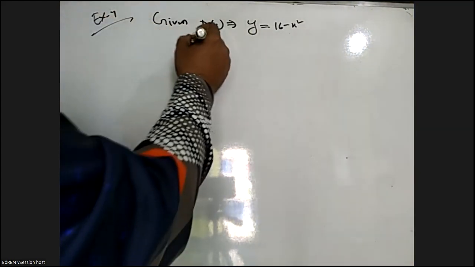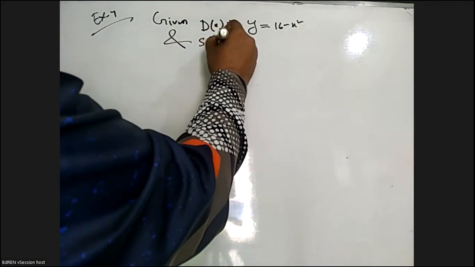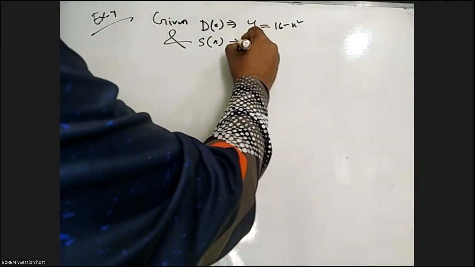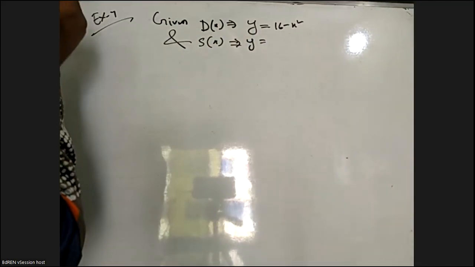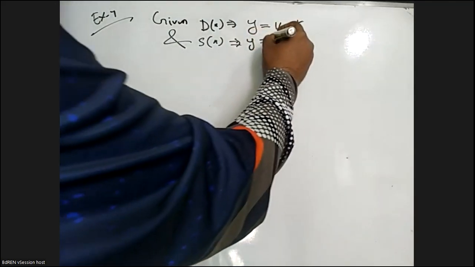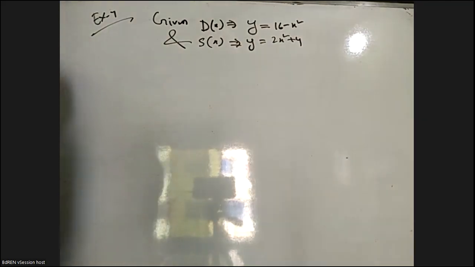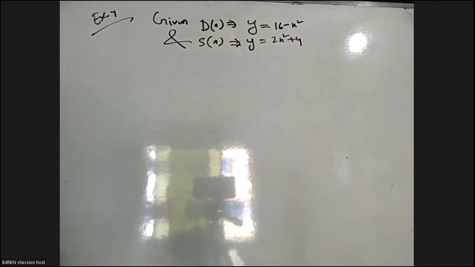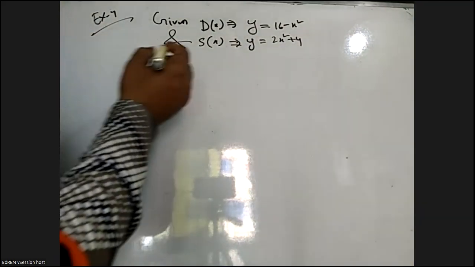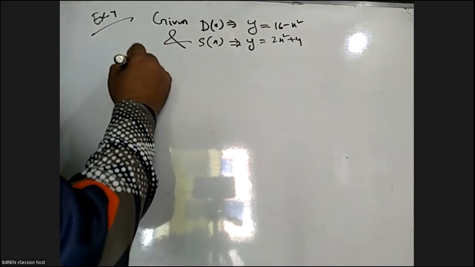And the supply function is also given, y equals to 2x square plus 4.